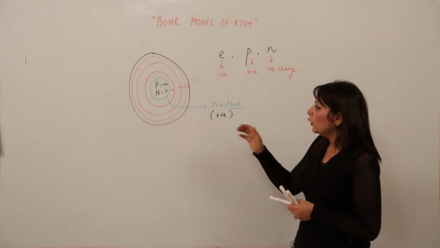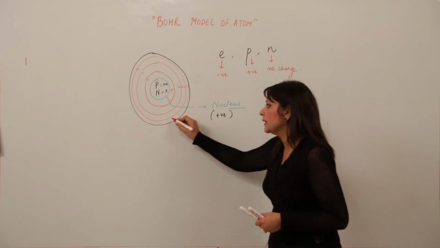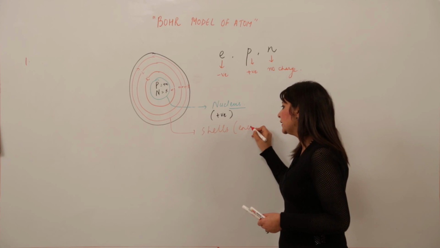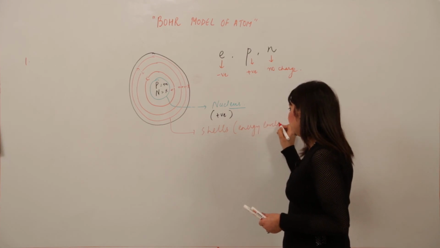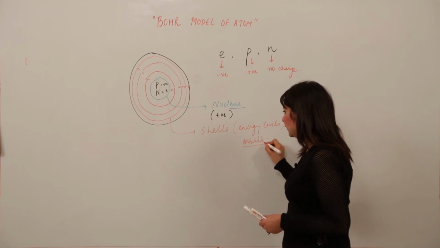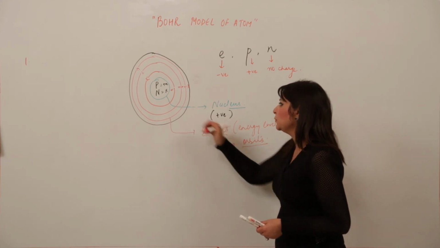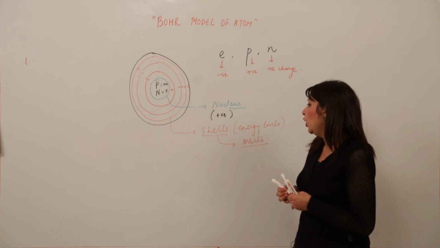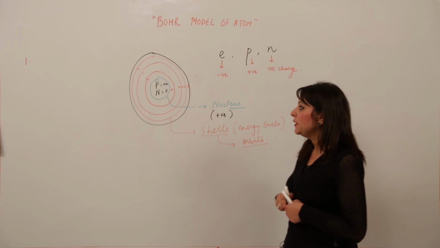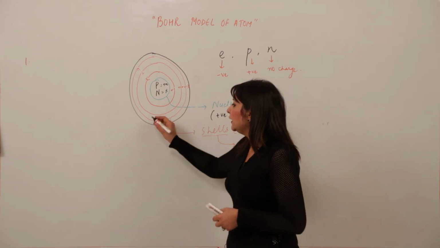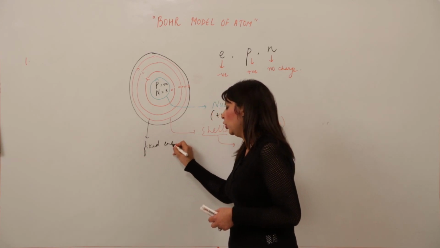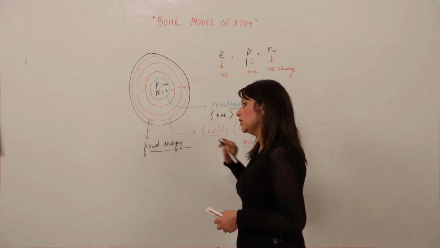So he said outside the nucleus shells are present. We can also call the shells energy levels or orbits. Shells are called orbits because they are spherical. And why are they called energy levels? Why did Bohr give this term energy level? The reason behind it is that he said these orbits have fixed energy, right?